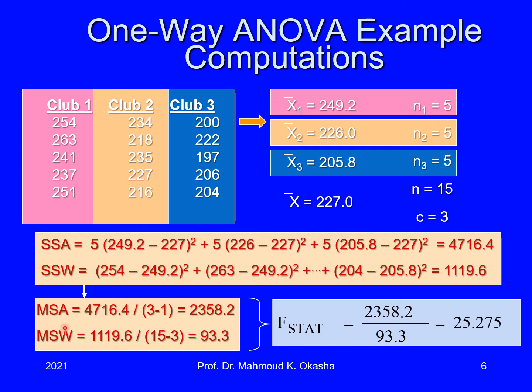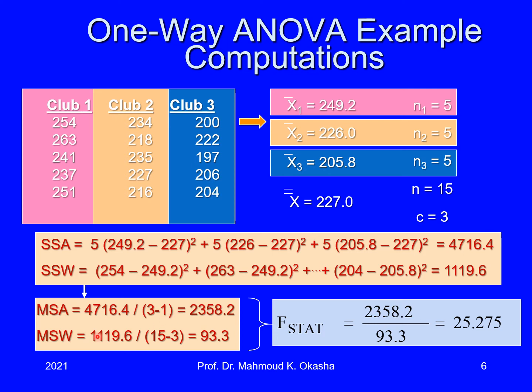The MSA, the mean square of among group, and MSW, mean square within a group. The first one, mean square among group, is the SSA divided by its degrees of freedom, C minus 1, which is 3 minus 1.